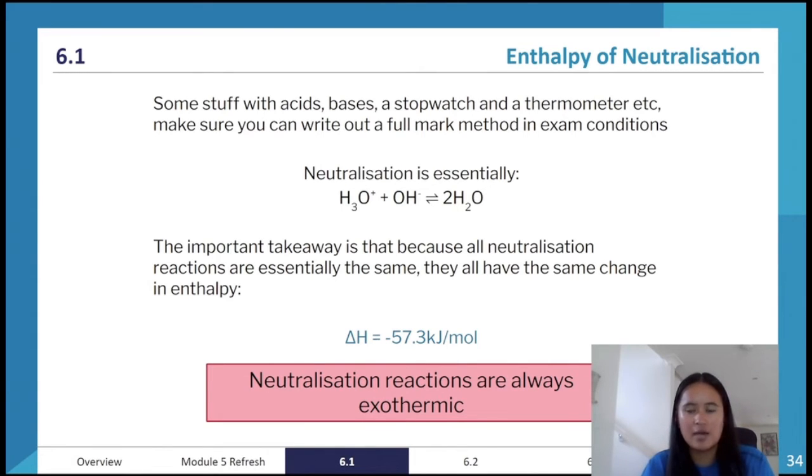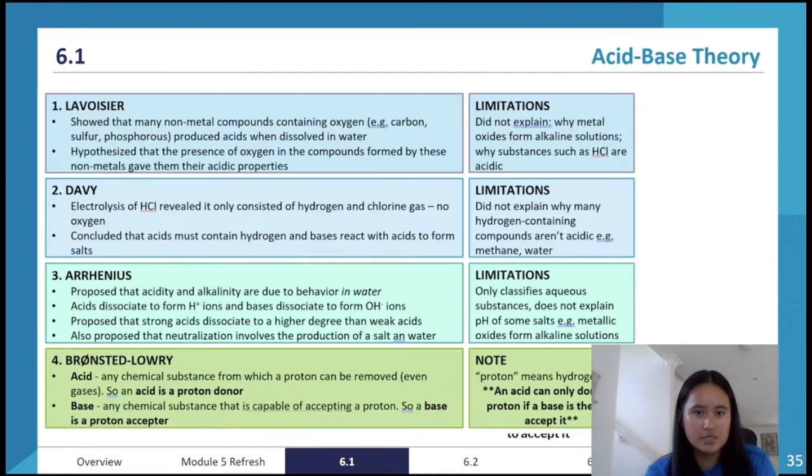And since that net reaction is really all that's happening in every single neutralization reaction, they're all the same, they all have the same enthalpy, which is about -57, and therefore it's always exothermic.